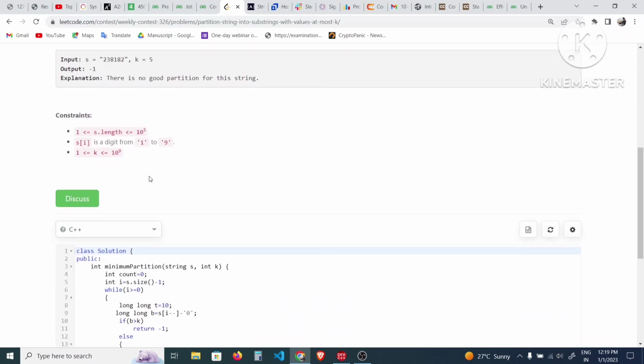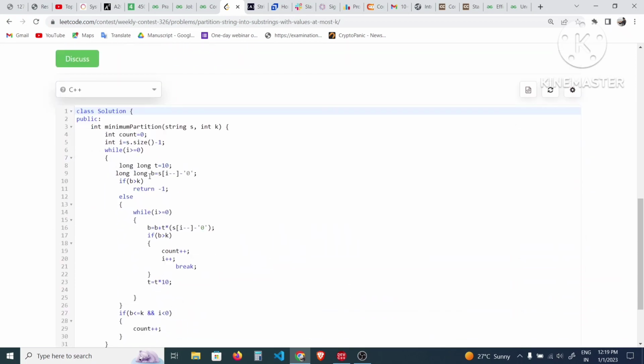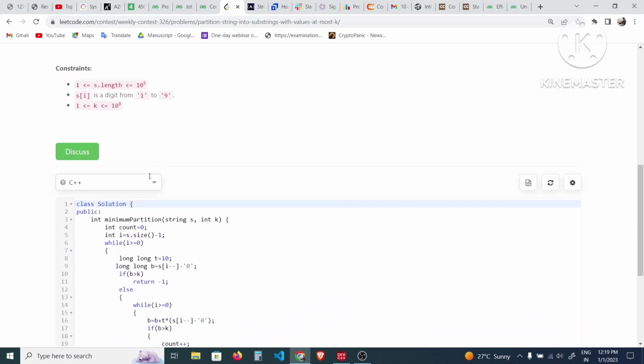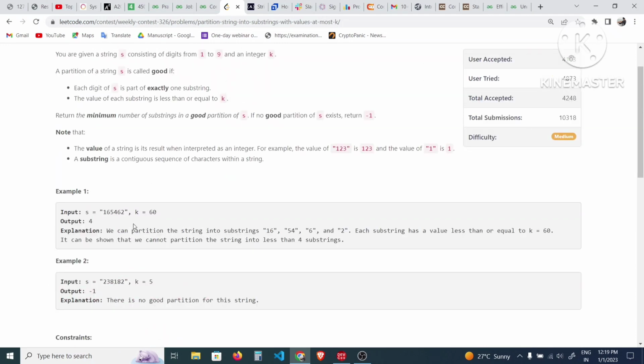Here my logic is that you just need to take an integer from the back side, and continuously take the next integer until it becomes greater than your k value. If it becomes greater than your k value, then you just leave that digit as it is, and start fresh by taking that digit.